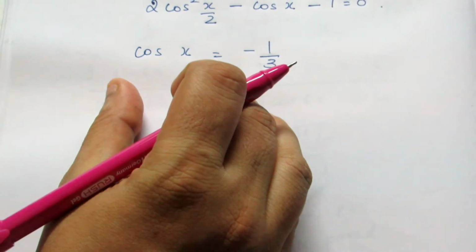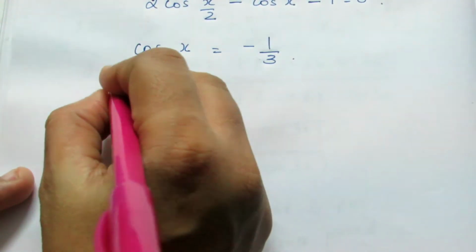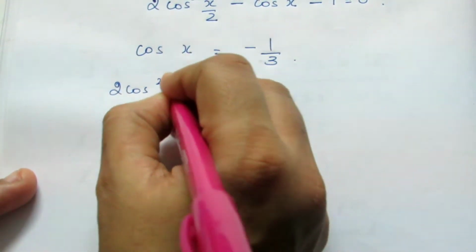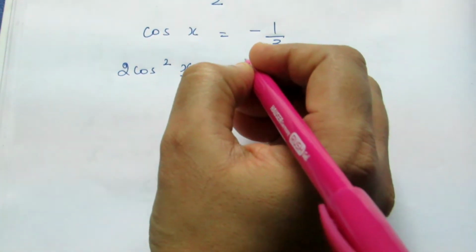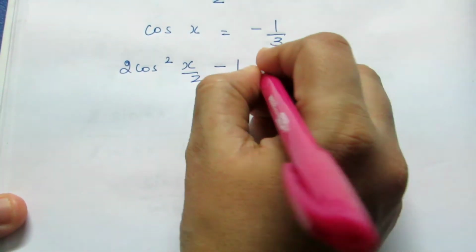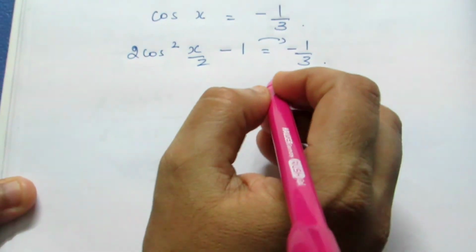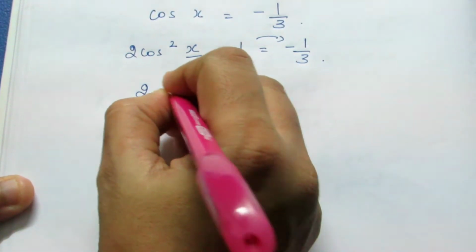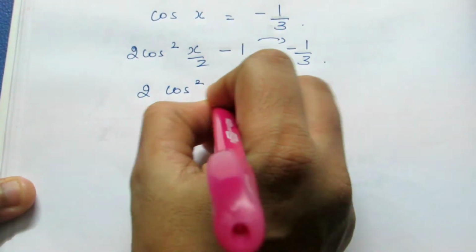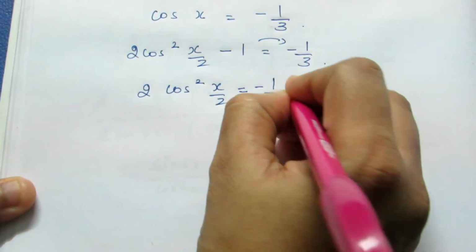We know the formula cos a equals 2 cos square a by 2 minus 1, that is, x by 2 in this case. So 2 cos square x by 2 minus 1 is equal to minus 1 by 3. I am bringing 1 to that side. It becomes 2 cos square x by 2 equal to minus 1 by 3 plus 1.